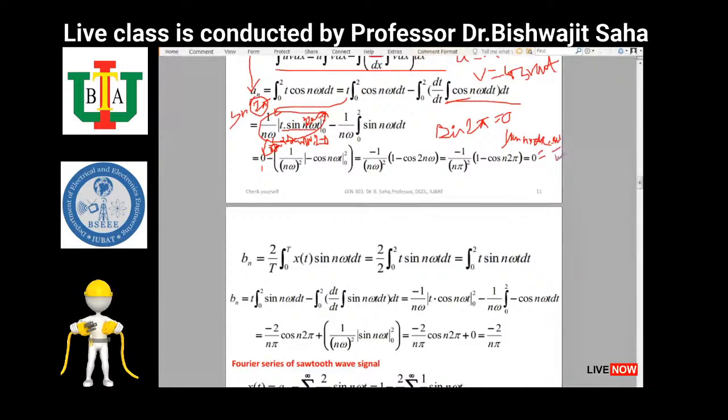So similarly here it is minus 1 over n omega, this n omega again coming, whole square. And the integral of sine n omega means minus cos n omega t, 0 to T.